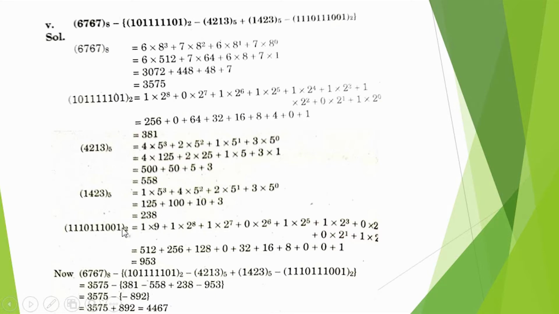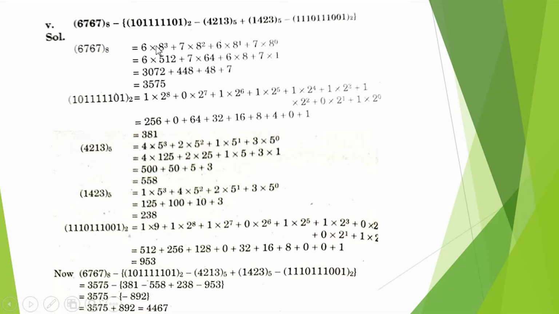1 multiply 2, 1 multiply 2, 1 multiply 2, 0 multiply 2, 1 multiply 2, 1 multiply 2, 0 multiply 2, 0 multiply 2, 1 multiply 2. Now we write their powers 0, 1, 2, 3, 4, 5, 6, 7, 8 and 2 power 9. When we multiply these values 953 comes.